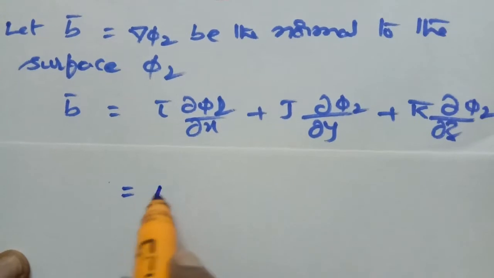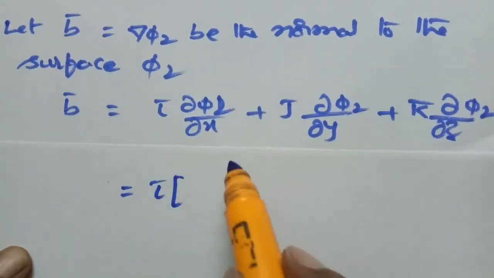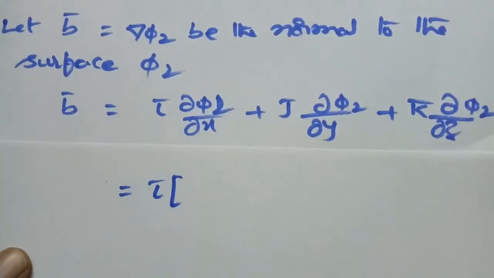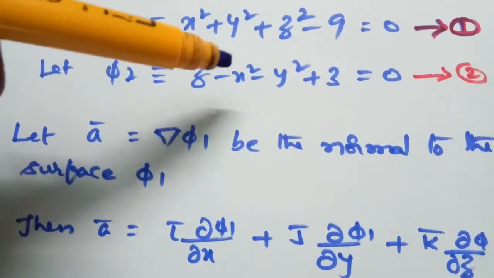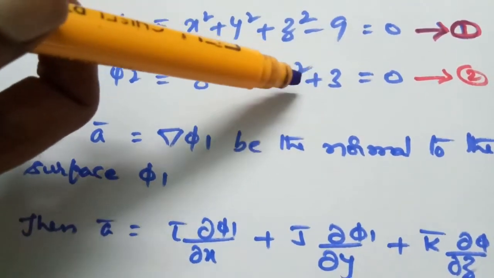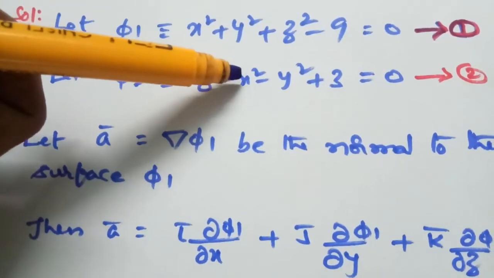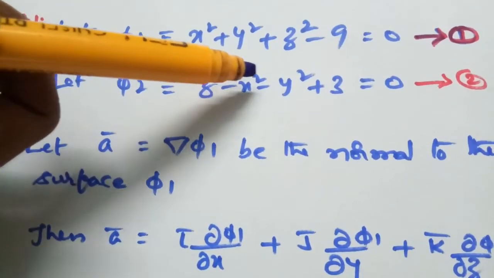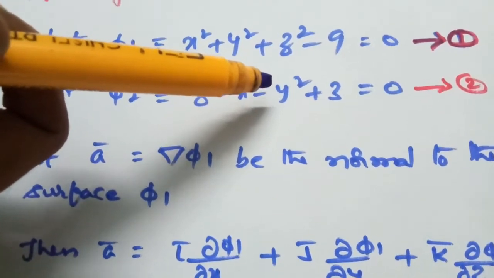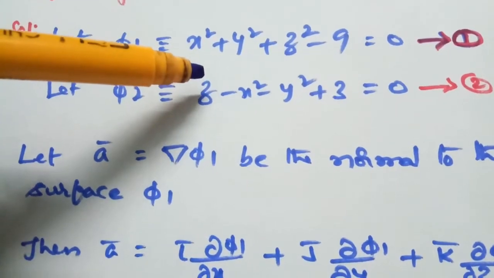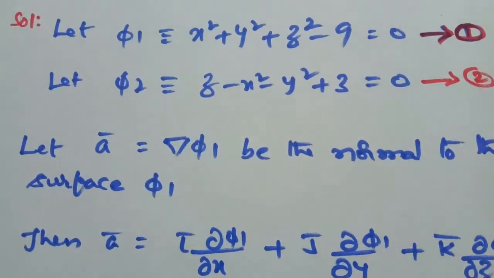This is equal to I bar into dou by dou x of phi 2. So phi 2 is equal to z minus x square minus y square plus 3. The partial derivative of this with respect to x is minus 2x. With respect to y is minus 2y. With respect to z is 1. Other derivatives being 0.